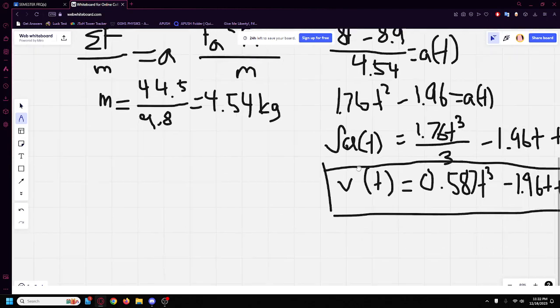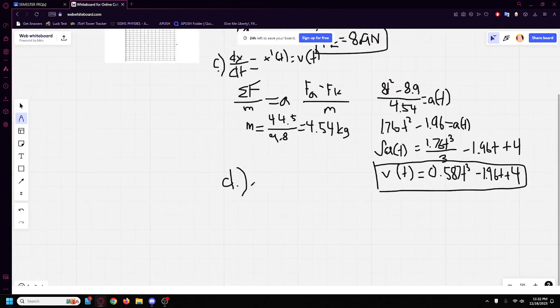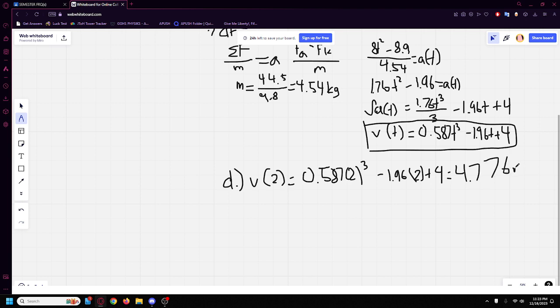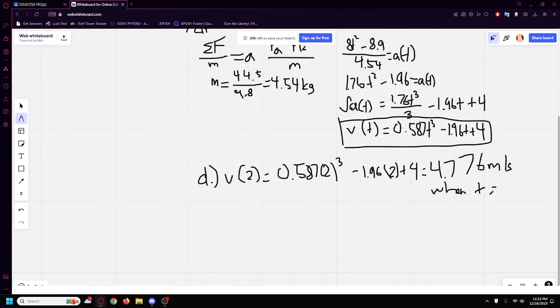To find that, you plug in v of 2. v of 2 is equal to 0.587 times 2 cubed minus 1.96 times 2 plus 4, which is equal to 4.776 meters per second when t is equal to 2.